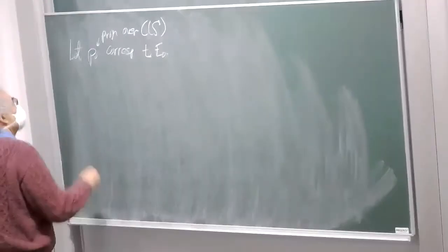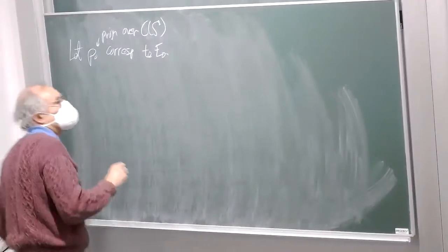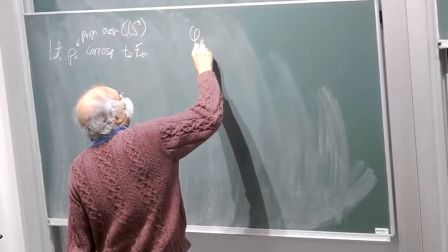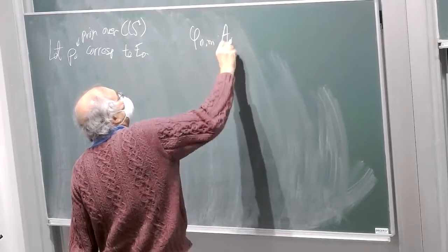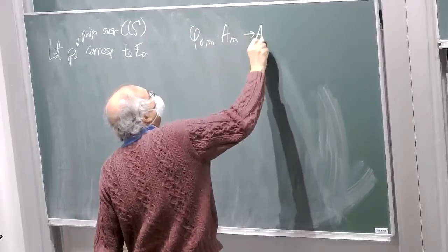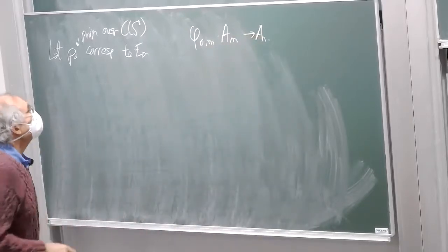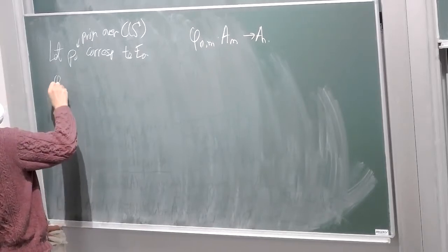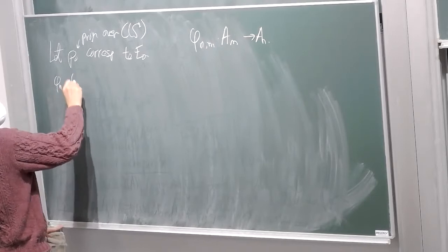And then I should give this map a name. Okay, so we'll have phi N M should map A M to A N. And then we get phi N0 of P0.